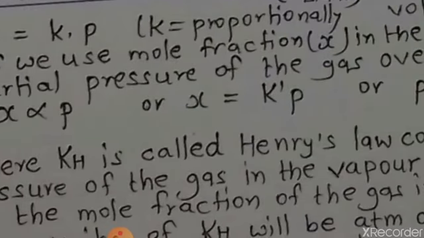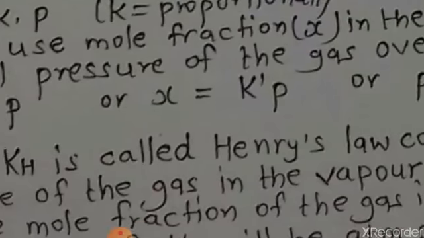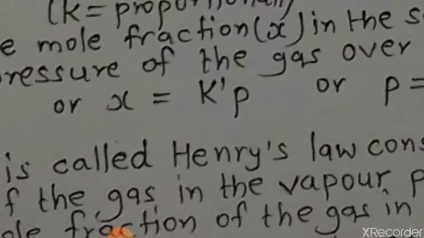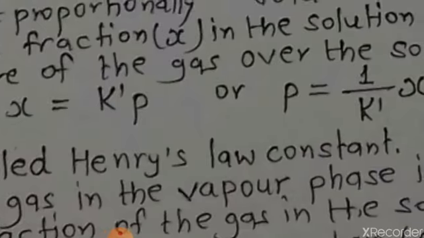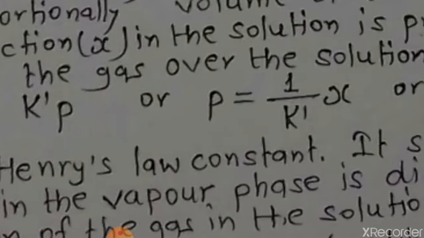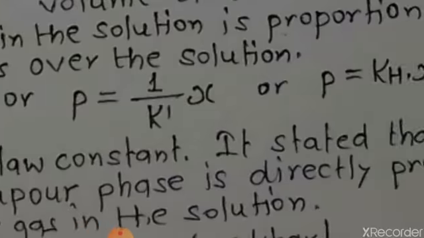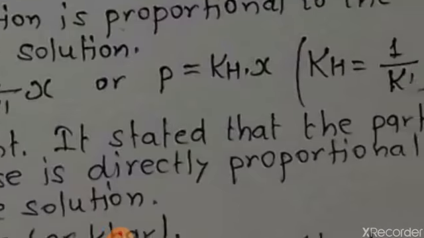We take a constant because direct proportionality is not a perfect figure, so we use a constant known as K bar. x is equal to K bar p, or p is equal to 1 upon K bar x. Pressure is equal to kH x.